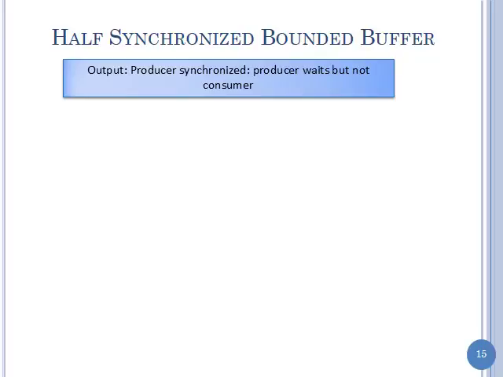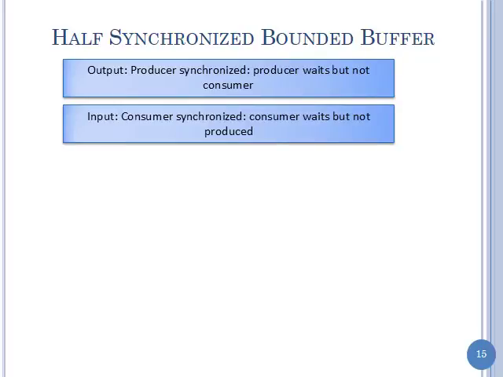The classic bounded buffer object makes both the producer and consumer wait. Here, one half doesn't wait, depending on whether that half is executing in the upper half or lower half. The lower half doesn't wait. So for output, the producer can synchronize, the producer waits but not the consumer. For input, the consumer waits but not the producer.